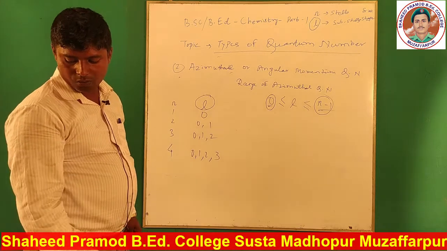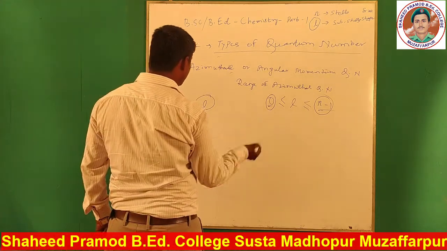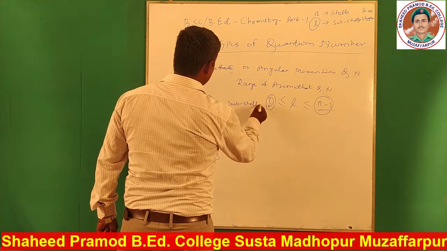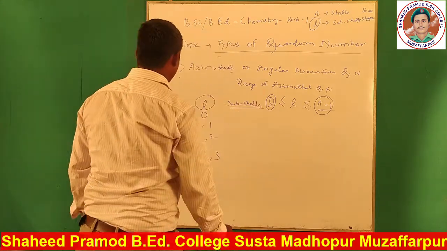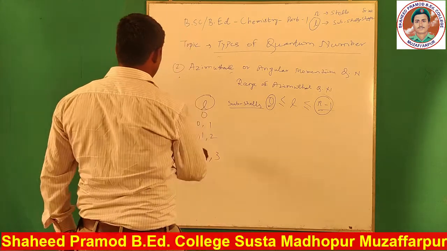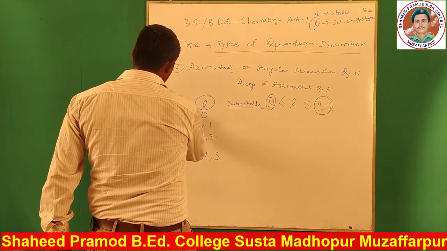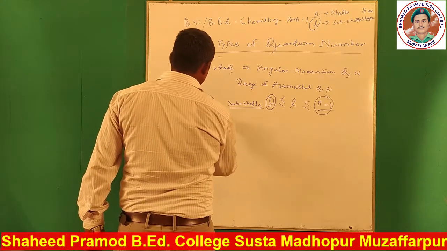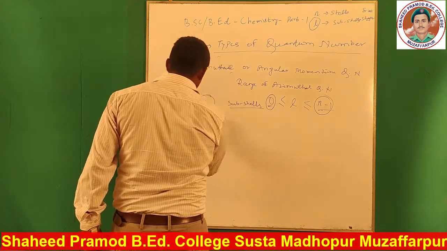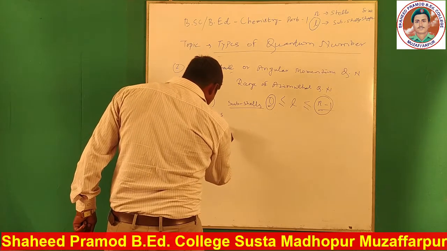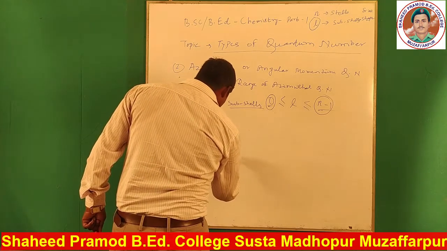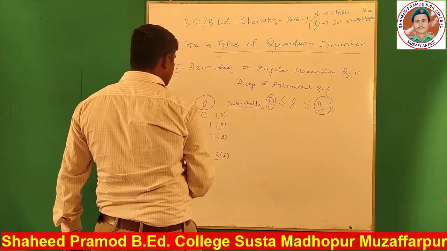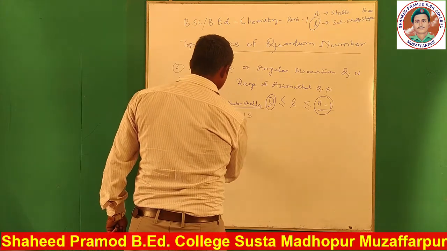Now, what will be the corresponding subcells? This is very, very important to understand. For L, the subcells are S, P, D and F. For n equal to 1, the subcell will be 1s.